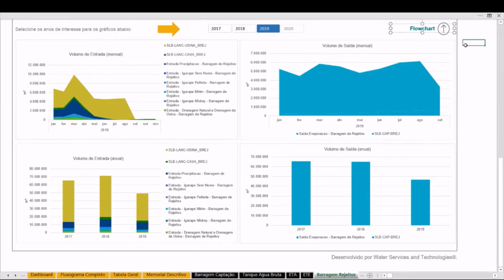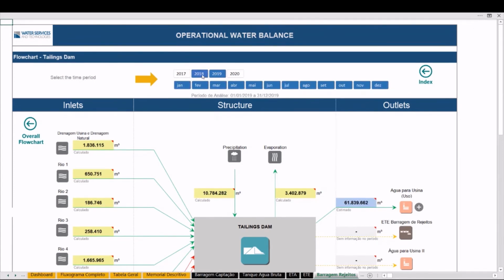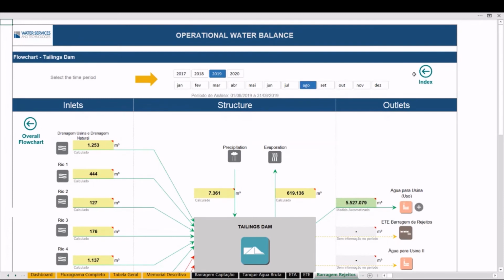And if we go back to the flow chart here, it's the same. You can select the period of data you want to see. For example, here is the whole year for 2017, 2018, 2019, a specific month.